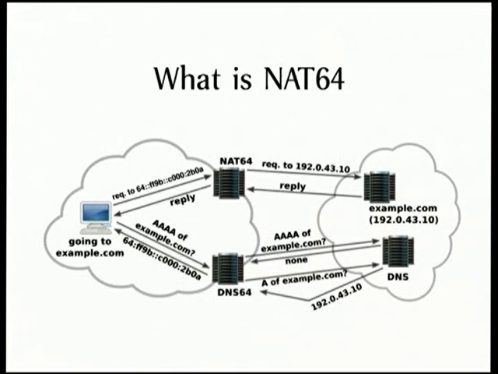The example.com host doesn't know that the client is IPv6 only, so it replies normally, and NAT64 again translates the packets to IPv6 and returns the reply to the client. And this way the communication can proceed.